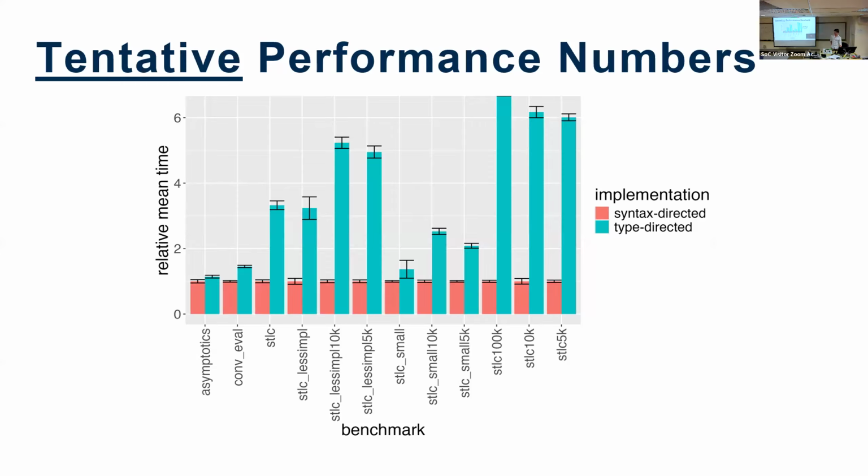So this is still a work in progress. As we can see here, this bar just keeps on going. It just goes off the screen. This benchmark did not complete. I think it ran out of memory. Honestly, I'm not quite sure why. That's future work. I thought I knew, and then I was incorrect.